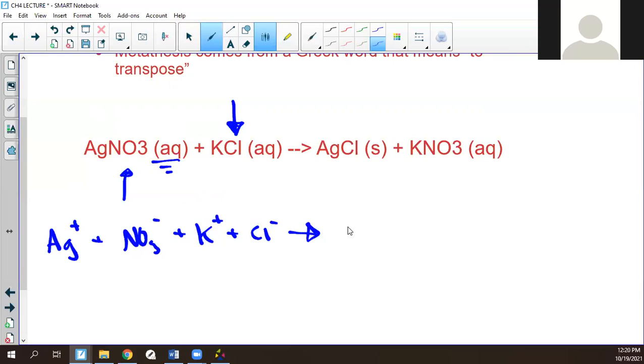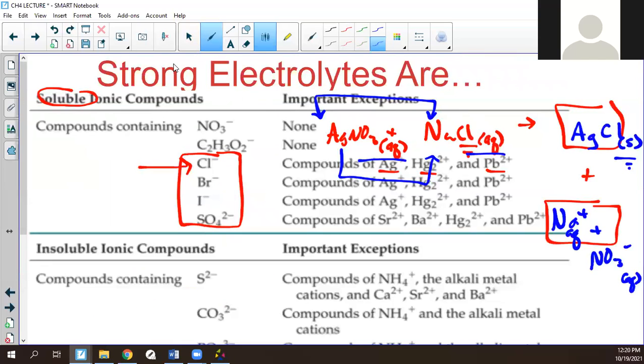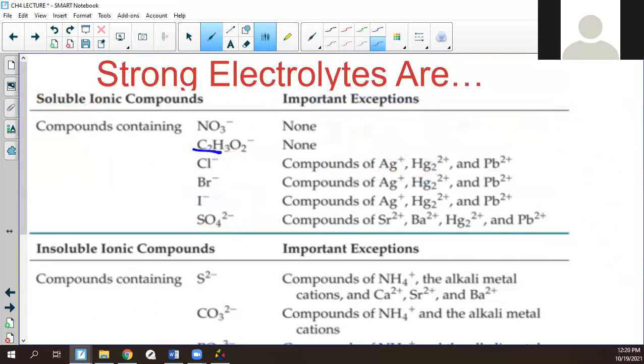You with me? Now this says it's solid. Will you tell your partner, and it's okay if you don't know right now, how you would know that AgCl is the precipitate? All right.